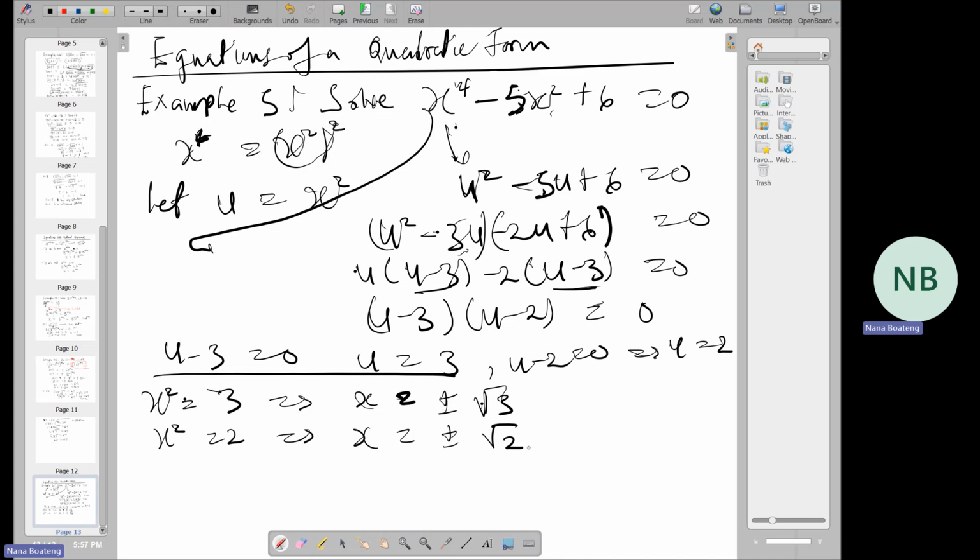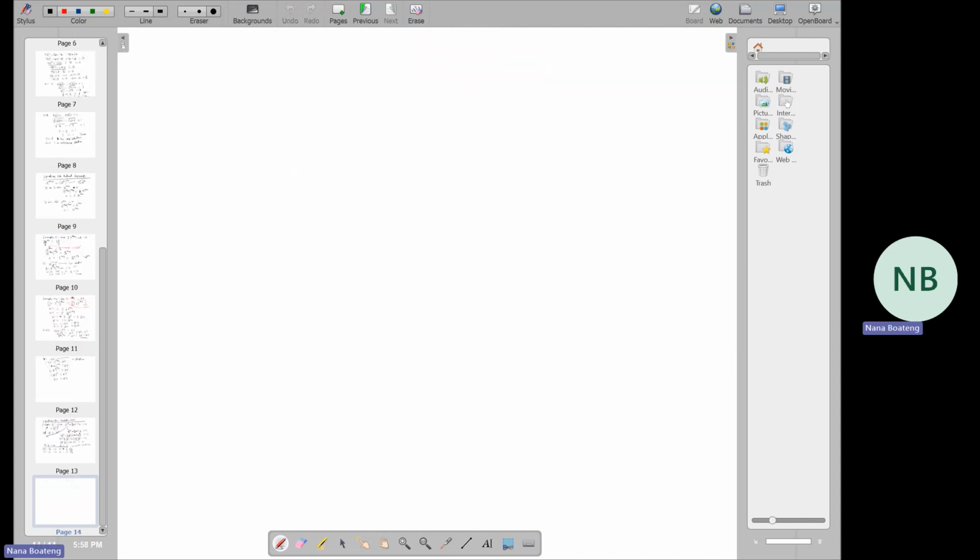For example, let's test one of them. Let's say the first one. If x is equal to the positive square root of 3. So our equation is x to the power 4 minus 5x squared plus 6 is equal to 0.